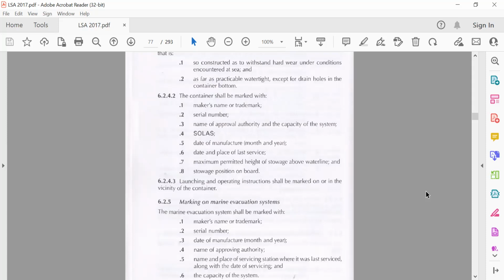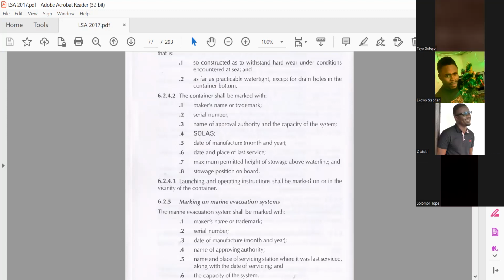Like you see on my own ship, I have this sticker also. This is a requirement. These things are not just there for us to see, because there are requirements as per SOLAS and the LSA code that they must be there.